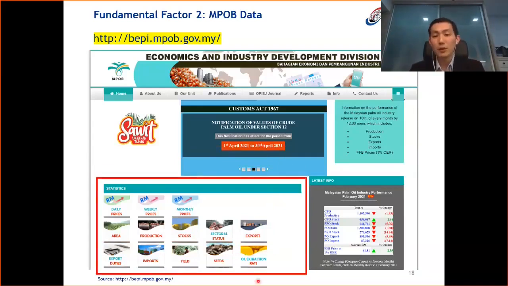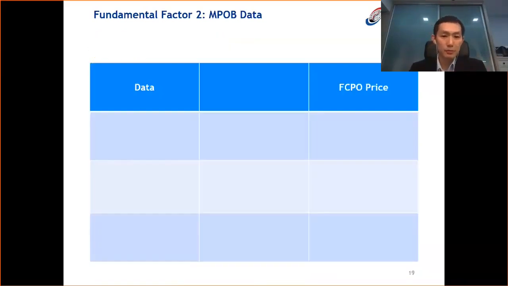So the most important thing is 3 data that we need to look at, which is your data on production, your stocks inventory, as well as your import-export data. So let's move into how all this data affects your price movement.